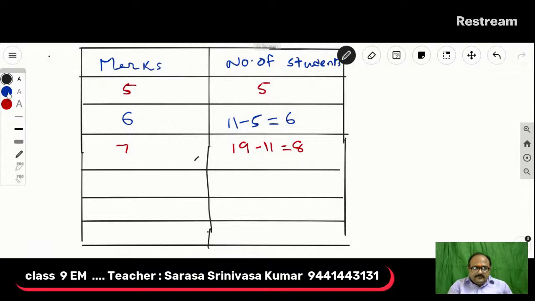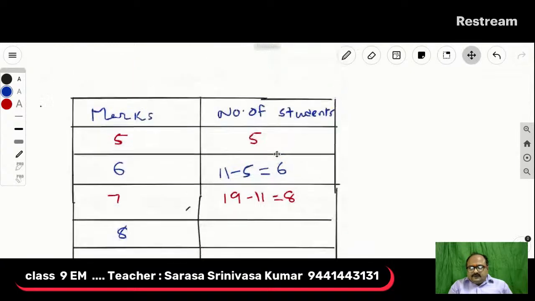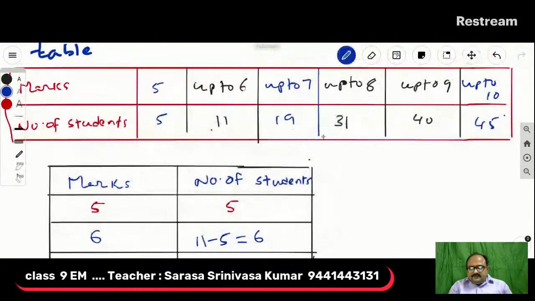To find 8 marks, we consider 31 minus 19.